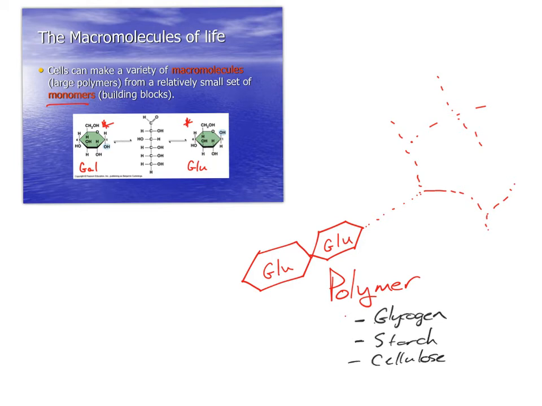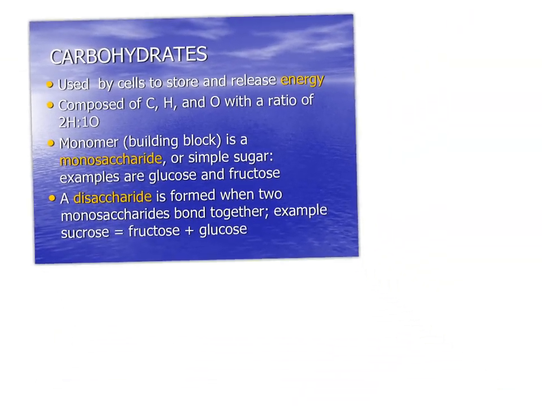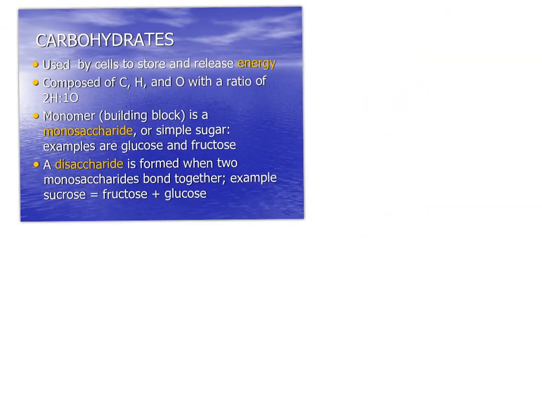Those were the three polymers of carbohydrates that we talked about. All of them have what molecule, what monomer? Glucose. The second one asks you what? Somebody read it. But when it comes to polymers and monomers, glucose is the big one.